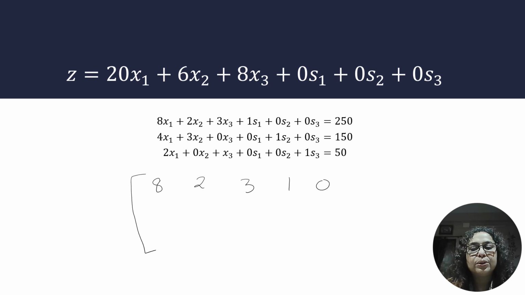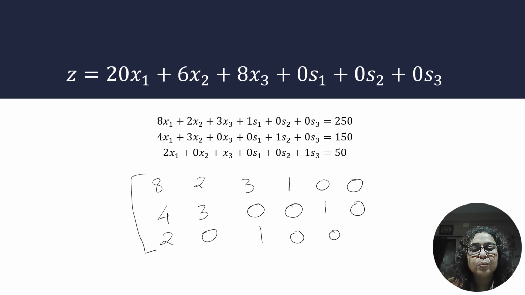The next row is 4, 3, 0, then 0, 1, 0. And the last one, 2, 0, 1, and then 0, 0, 1.